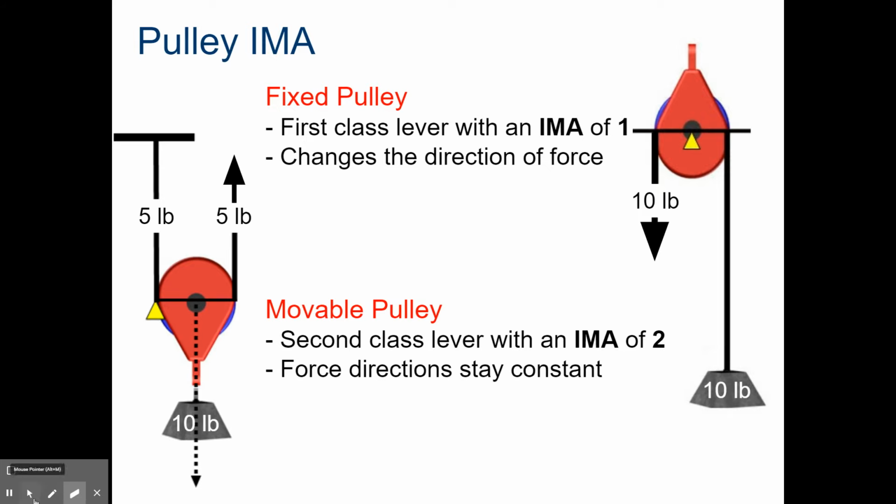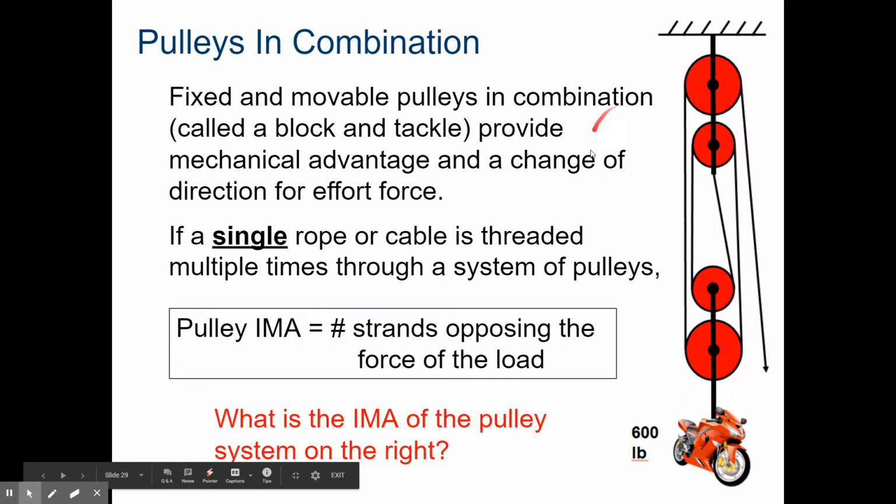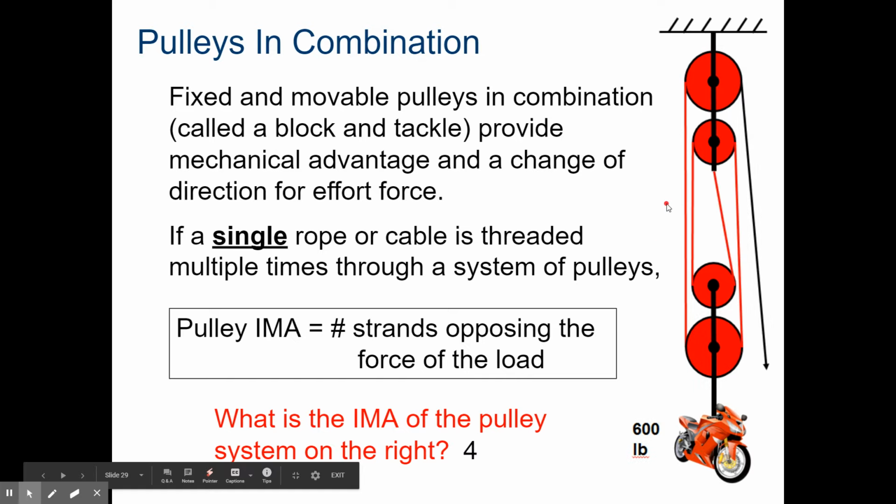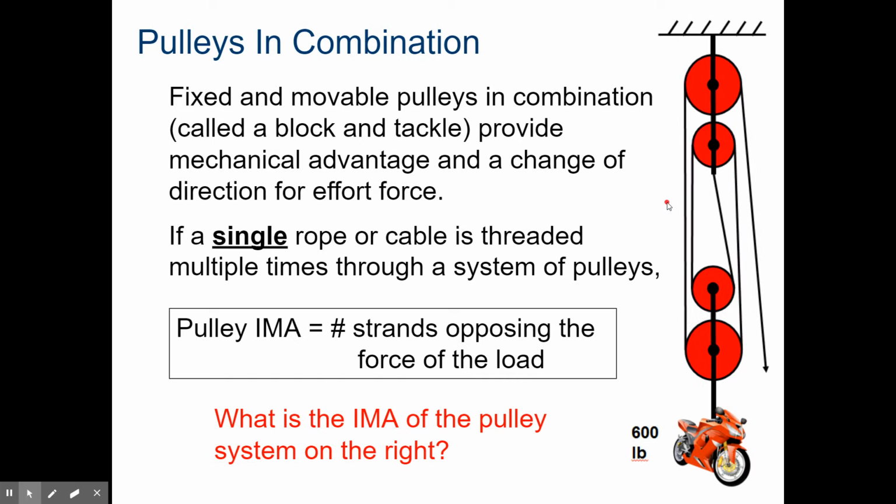Now, it won't always be that simple, of course. Pulleys in combination. Here we have fixed and movable pulleys. Up here at the top, we have a fixed pulley, and we have a movable pulley. I'm sorry, we have 2 fixed pulleys here, and a movable pulley. When they're in combination, how we find the IMA is what this slide is all about.